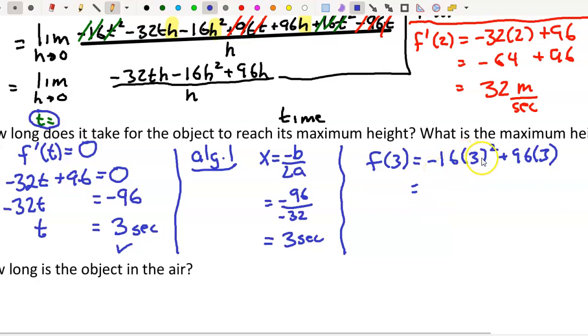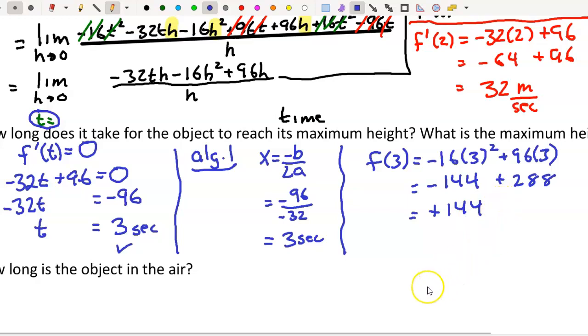So negative 16 times 9, which is 4 times 4 and 3 times 3, which is the same as 12 times 12, which would be negative 144. And then 96 times 3 would be 300 minus 12, which would be 288. And this happens to be half the size, so negative 144 plus that gives you a positive 144.